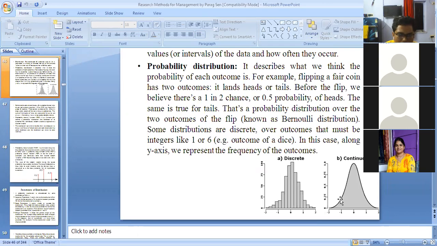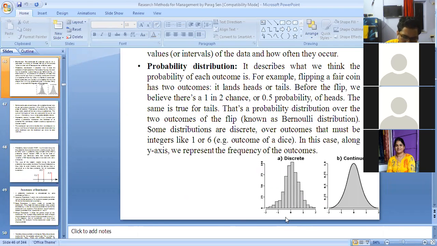Why are you doing that? Because your discrete distribution is based on the frequency diagram, or the bar chart, you can say. In case of a bar chart, you basically represent different categorical data.